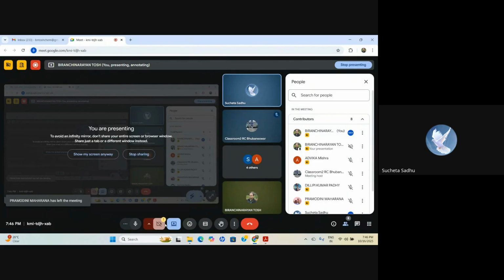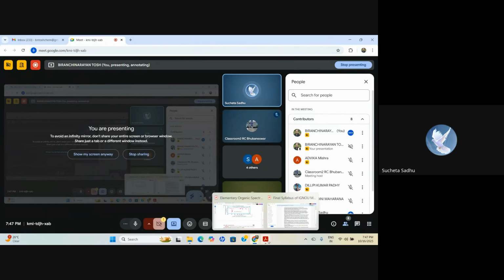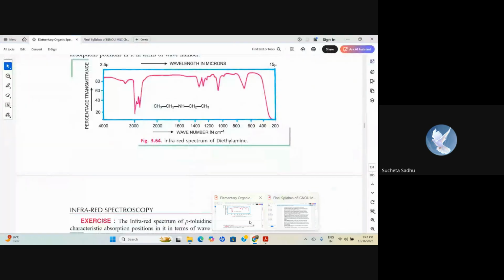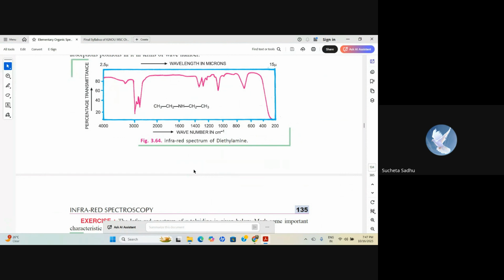Sir, you were telling that enantiomers have a similar pattern. So if we get an enantiomer, how do we differentiate which one is present? What should be the next step? We can go for NMR, and optical rotation, the optical rotatory power, you also have to measure, to see whether it is the D or L enantiomer.